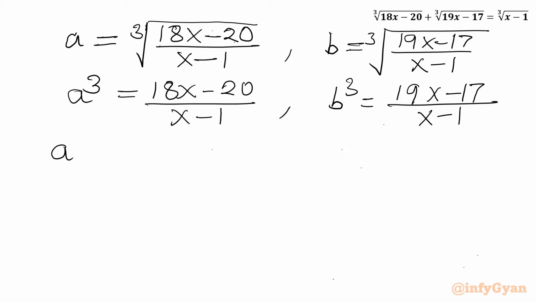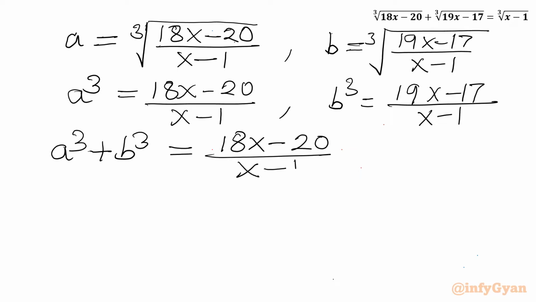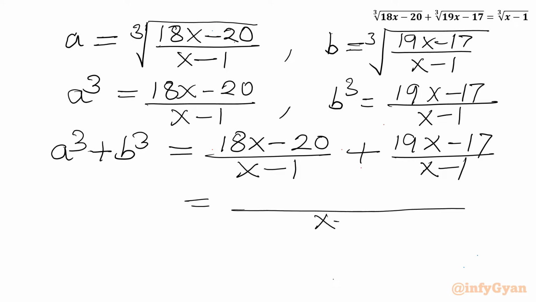Let us add both: a cube plus b cube. So I will be writing (18x minus 20) over (x minus 1) plus (19x minus 17) over (x minus 1). The denominator is the same, so I will write the common denominator x minus 1.